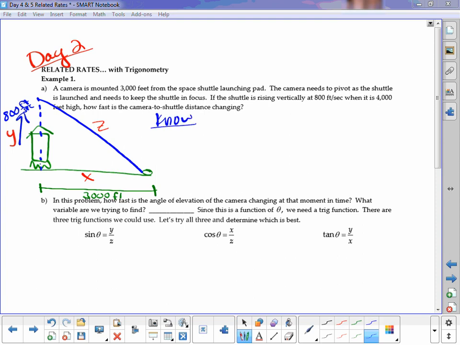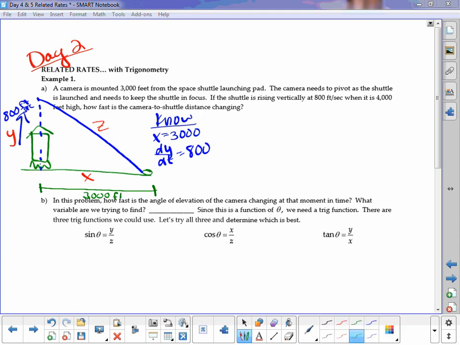I know that y is changing, z is changing, is x changing? No, x stays at a fixed amount, so we know x is 3,000. And they gave us the rate of our rocket's height, so dy/dt equals 800.